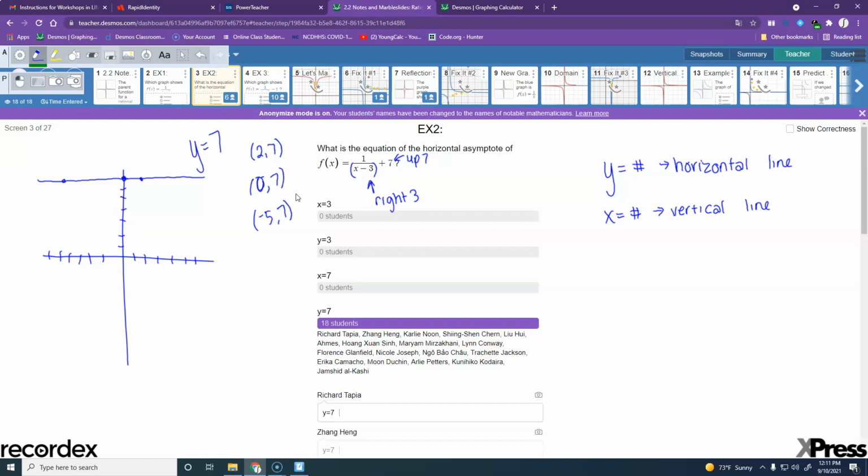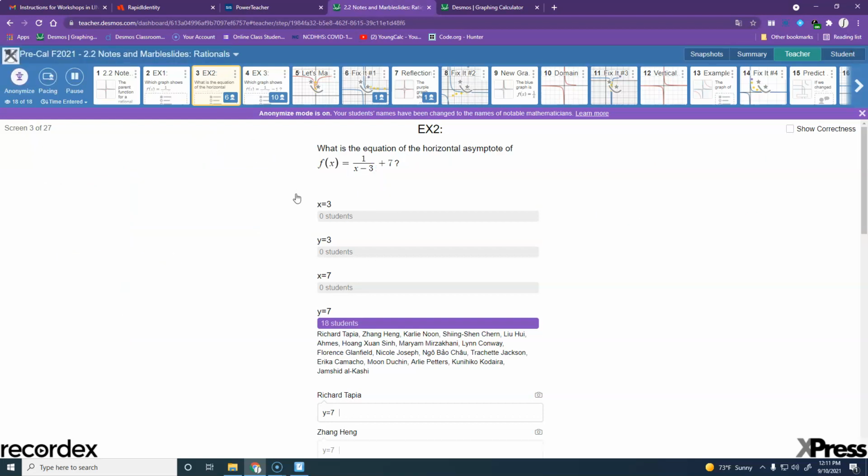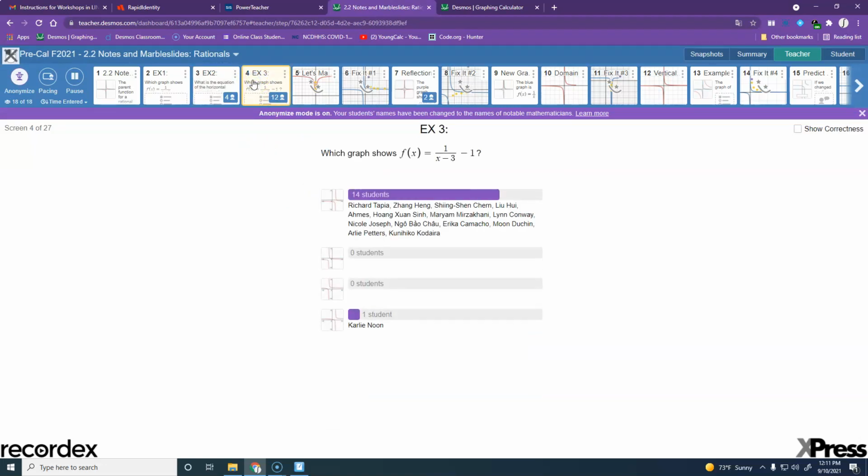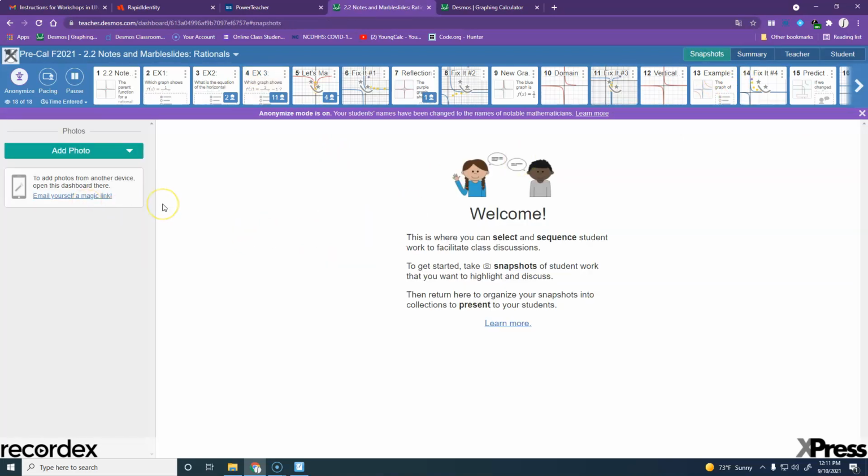All right, let's see what we've got for example 3. All right, most students had chosen, let me go here, snapshots. Oh, wait. No, that's not.